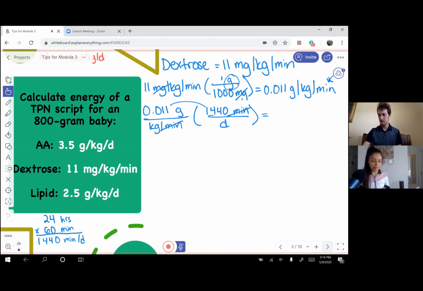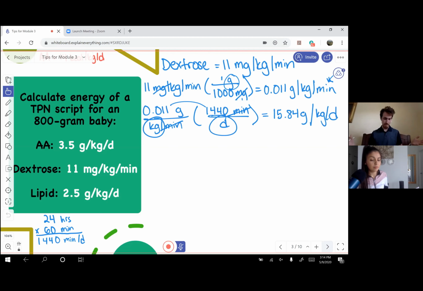Let's see what I get. For a total of 15.84 grams. And remember, this is going to be per kilogram per day because those are both in the denominator. Got it. So grams per kilogram per day.